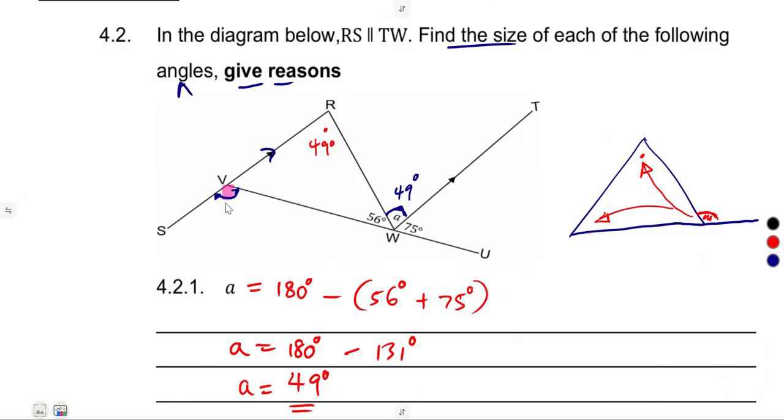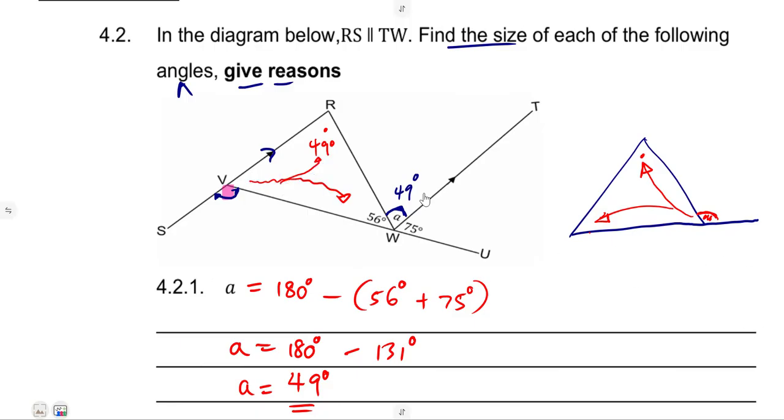So V is an exterior angle SVW. So it is equal to the sum of the opposite interior, the 49 and the 56 degrees, those ones that are opposite to the interior. This is our interior, but those ones that are opposite to that.